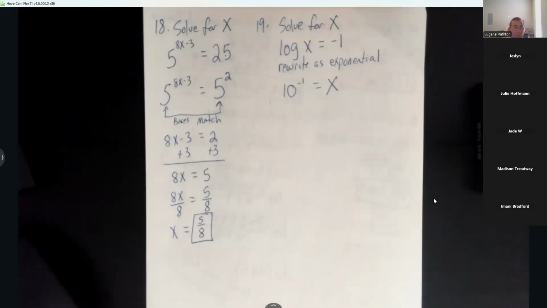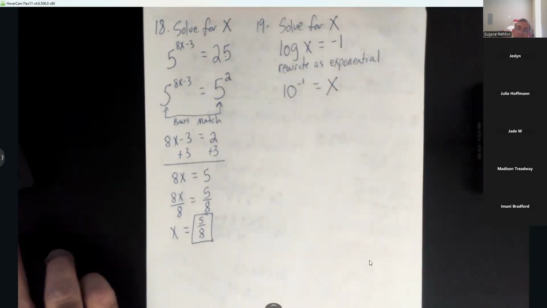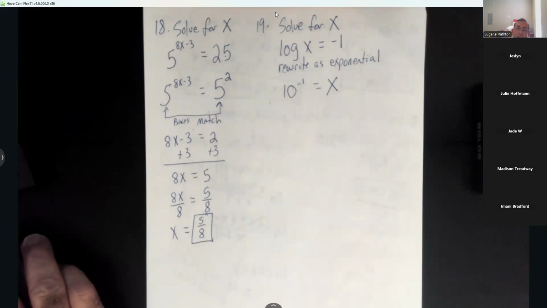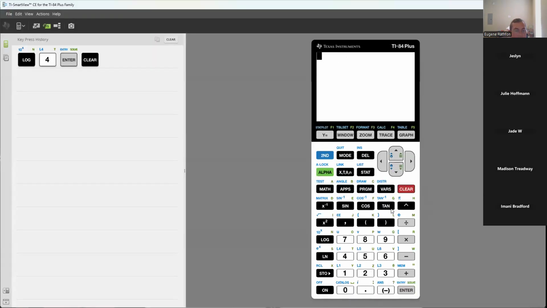So y'all, to finish this out, we got to figure out what 10 to the -1 equals. So I'll just go punch that on the calculator real quick. So 10 exponent. I think y'all got what, a 0.1 there? That looks good, Jesslyn. Because when I punch it in, I get that 0.1 just like you.